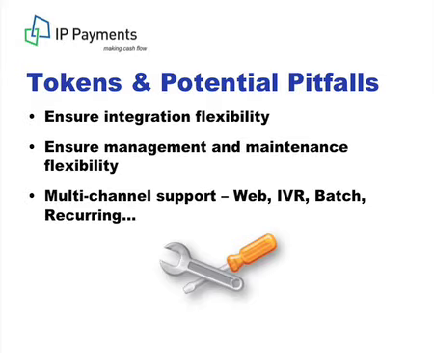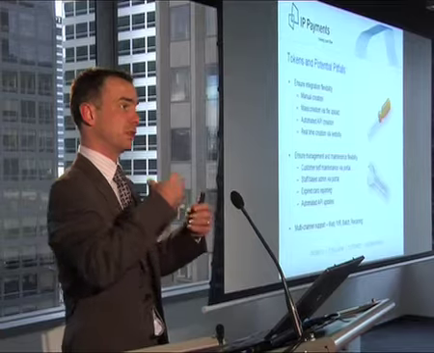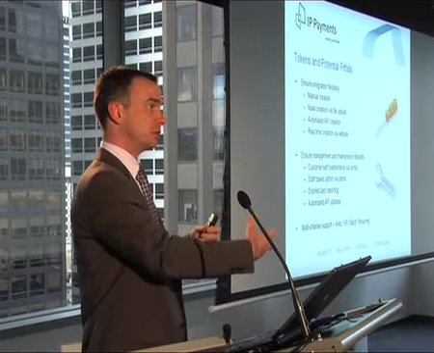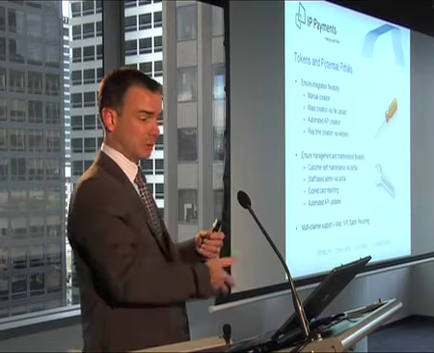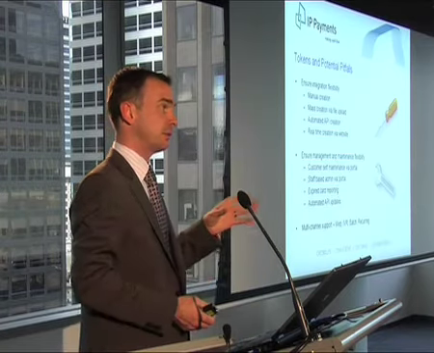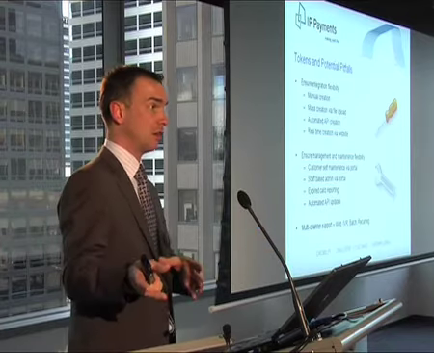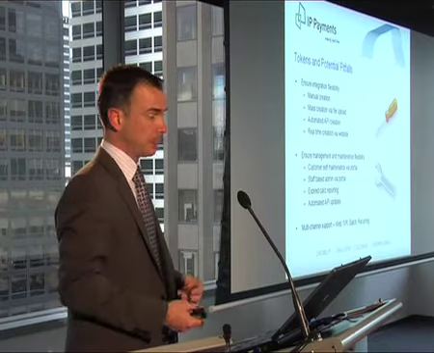Ensure management and maintenance flexibility. When the card number is replaced with a token, at some point we'll need to update the card expiry date. It might be something that the customer can do themselves, going in through a particular portal. It might be something that staff do if they're requested to do so.